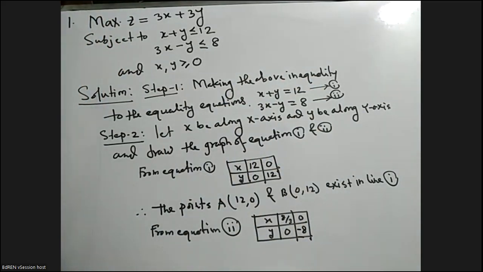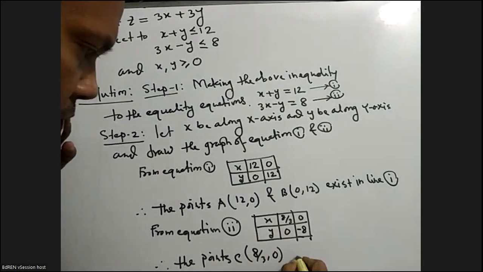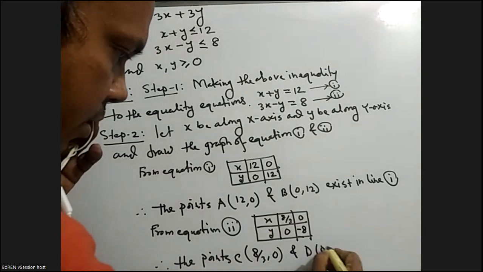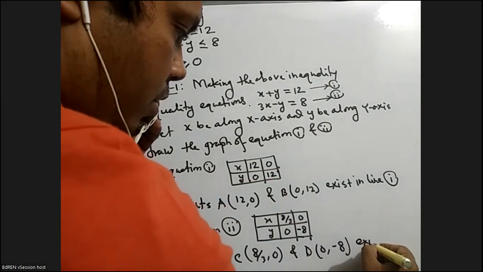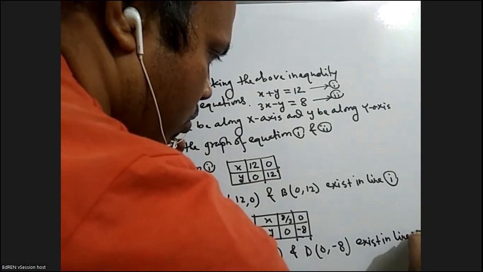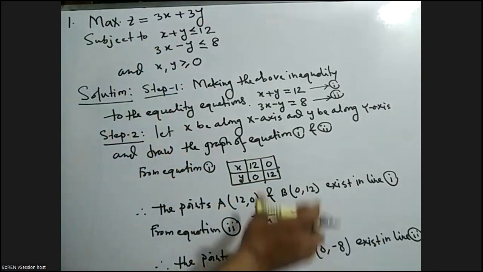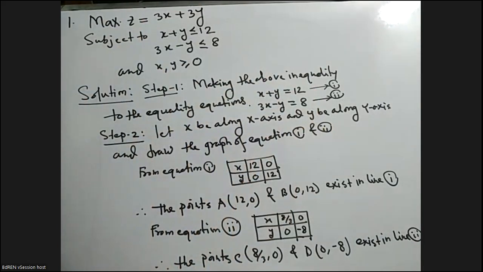In that case, we get another 2 points. Therefore, the points C (8 by 3, 0) and D (0, minus 8) exist on line 2. We get this box from equation 2 and the first box from equation 1.